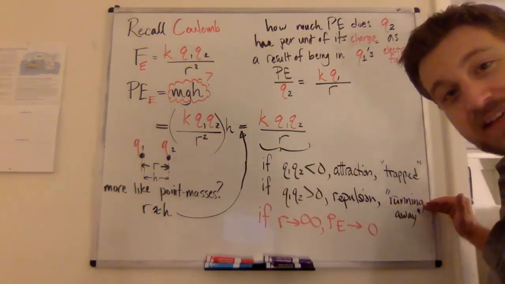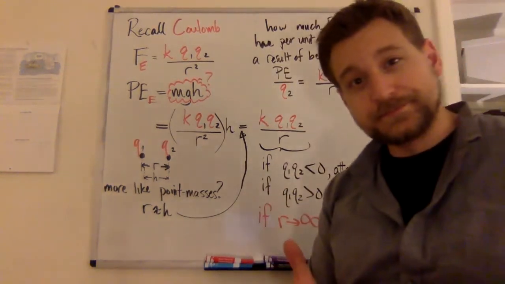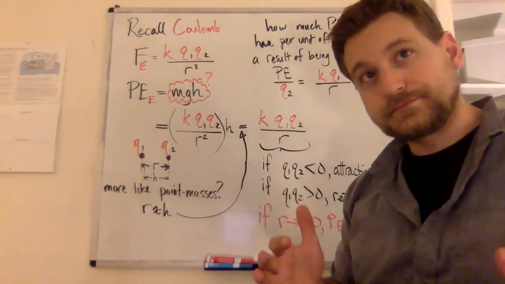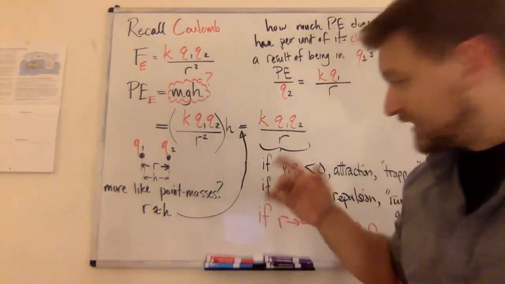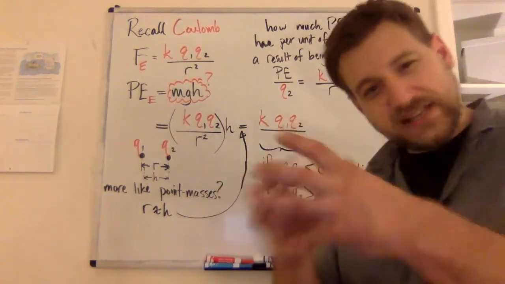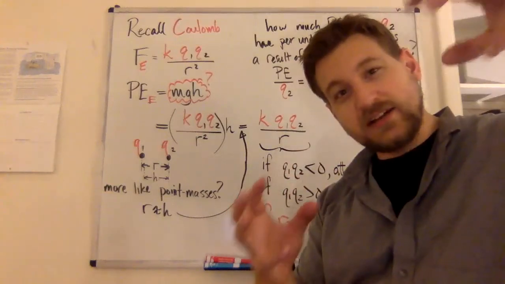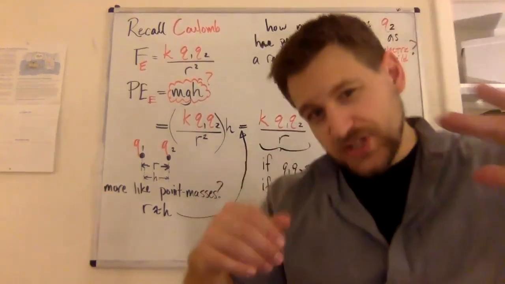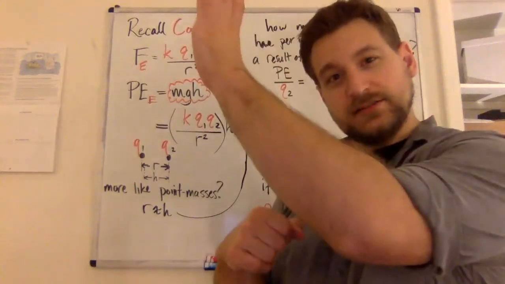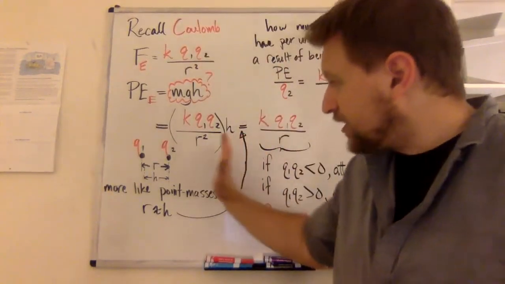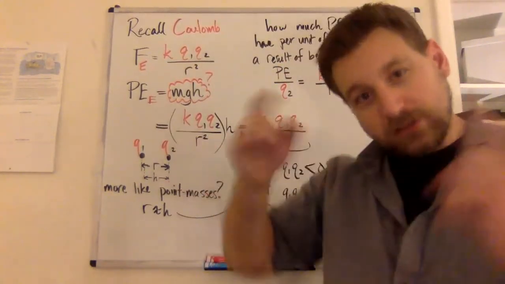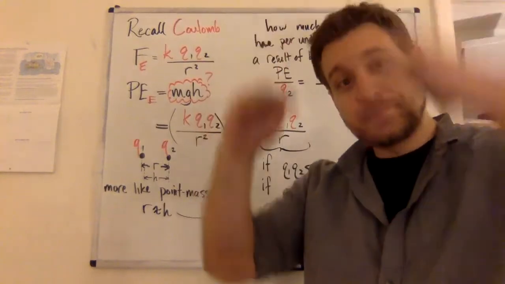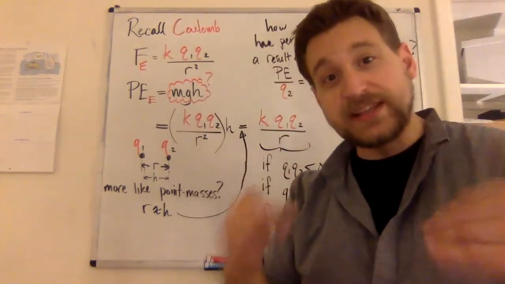The repulsive case is a little bit different. Instead of taking one mass and moving it a height above the other, think of it more like pushing a mass uphill. The closer we get to the top of the hill, the greater our potential energy becomes.